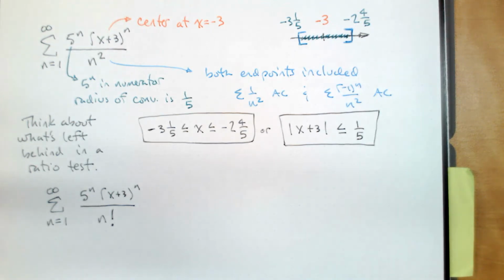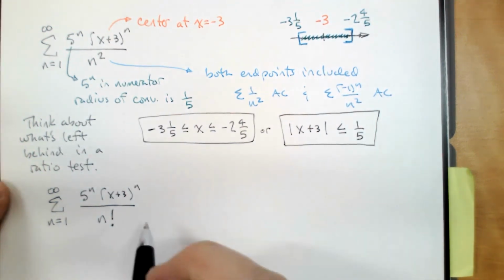In the ratio test, factorials leave behind n's. This is going to leave an n in the denominator. So the limit from the ratio test is going to go to 0. Whatever we put in for x, the ratio test is going to go to 0.